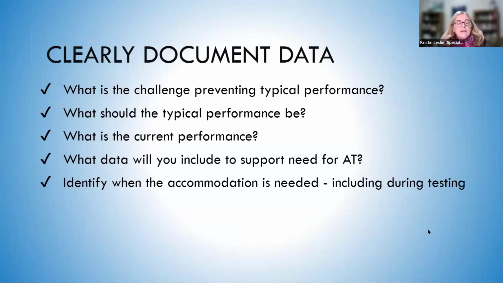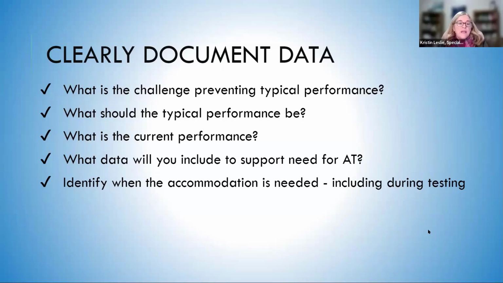Just giving an example, say you have a student who's at the 5th grade level but reading at the 3rd grade level. We would want that student's typical performance to access the grade level content at the 5th grade level, and that's where we want them to be. The current performance might be that their testing shows that when they access it on their own without AT accommodations, the comprehension scores are at the 3rd grade level.